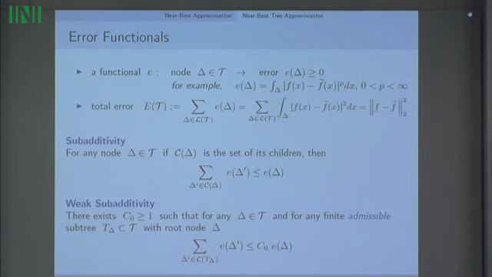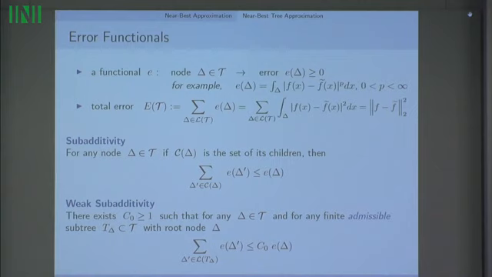We cannot do that for p equals infinity because that is simply a maximum and it doesn't have this subadditivity property. The subadditivity property means when we subdivide a domain and add the errors there, we have the total error. So if we subdivide something into two, we want the errors to add together and give something smaller, because if we subdivide, we expect to improve the approximation.